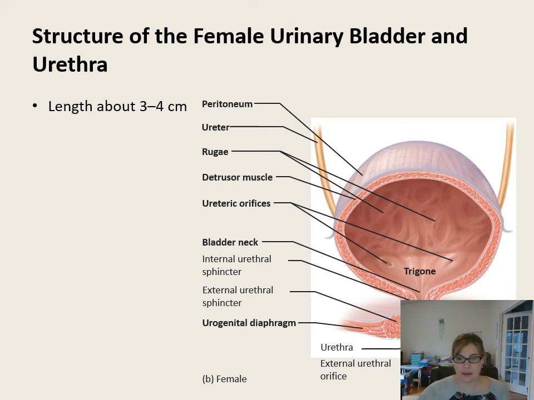Oh, you know what? I kind of want to go back, but I can't. So if you can go back, look at the male reproductive system slide and look for the internal and external urethral sphincters. You can kind of see them a little bit. No, you can't. So 1003.